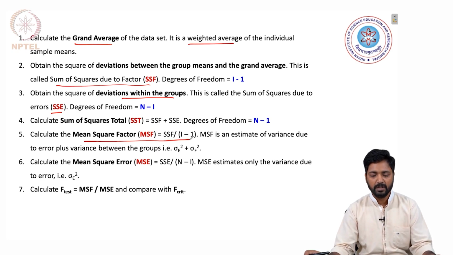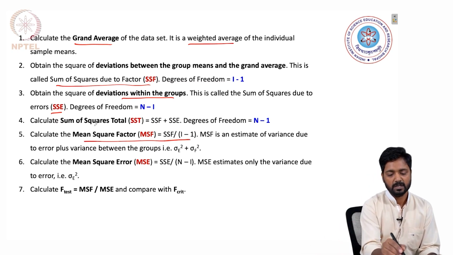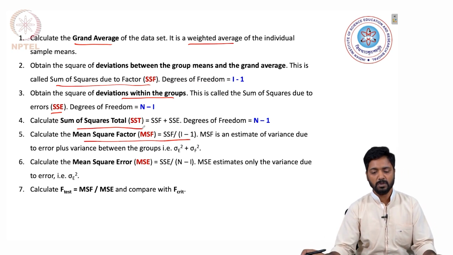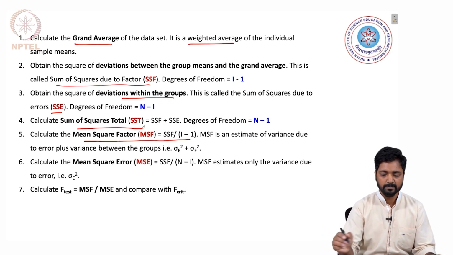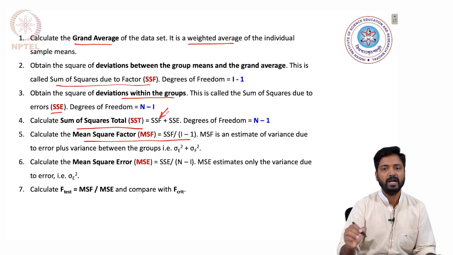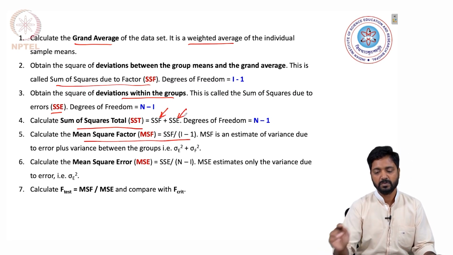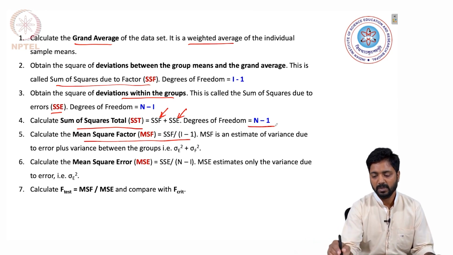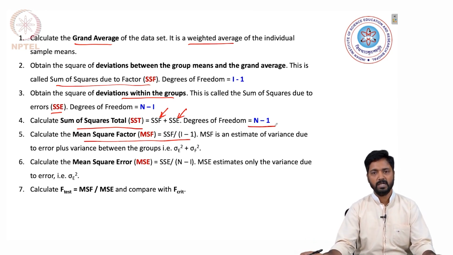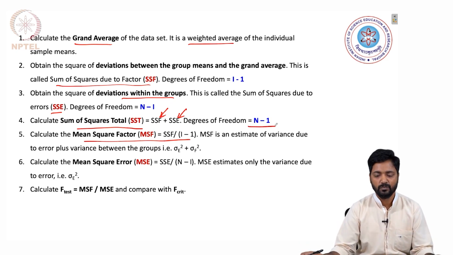And in between we have also seen that there is a term which is known as the sum of squares due to total, which is essentially the total sum of squares and is nothing but the sum of squares due to factors plus the sum of squares due to errors. And since it is a total of all the data points that we are dealing with, the degrees of freedom is nothing but n minus 1, where again n is the total number of data points that we are dealing with.